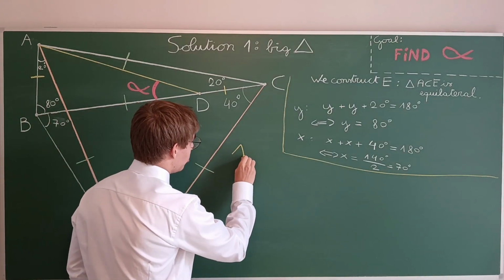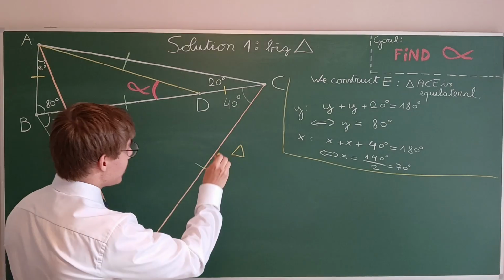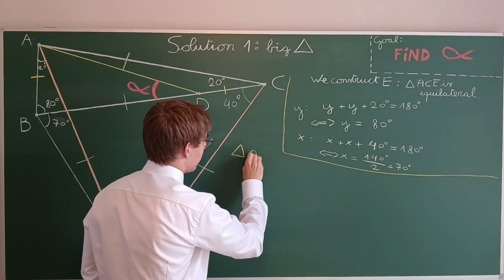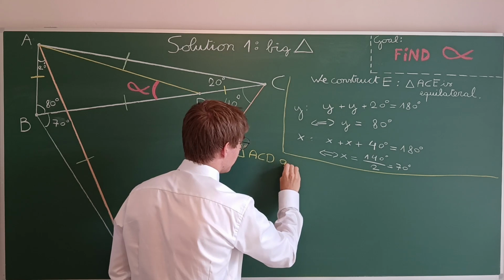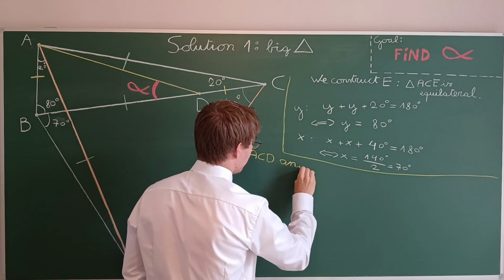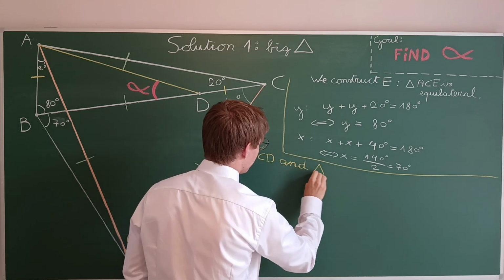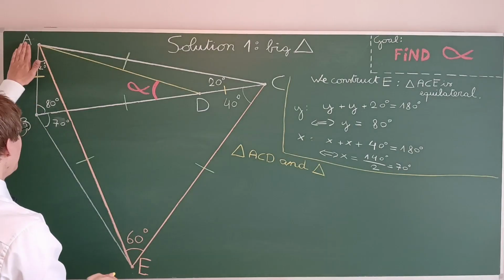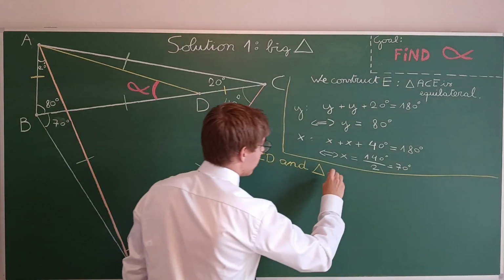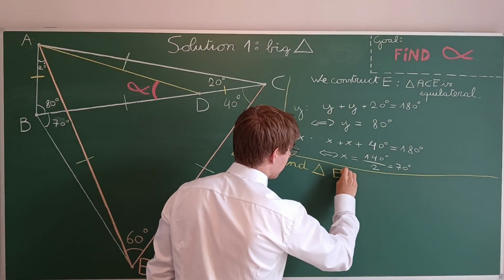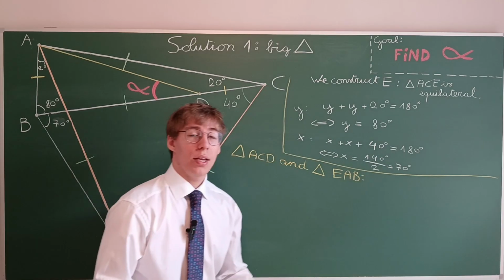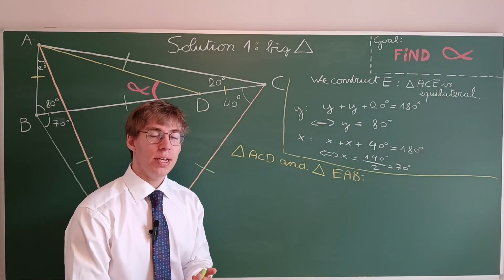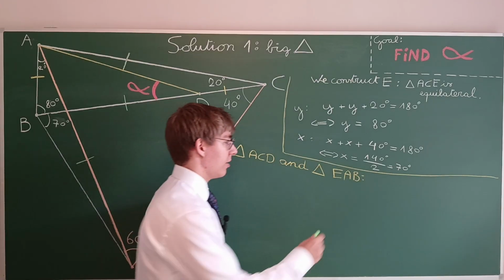That is, triangle ACD and triangle EAB. And we will use the congruence property side angle side.